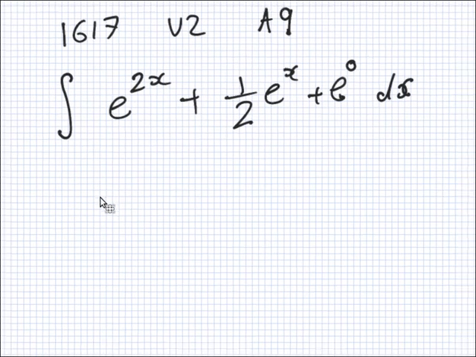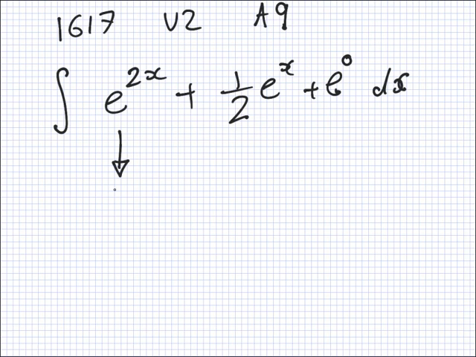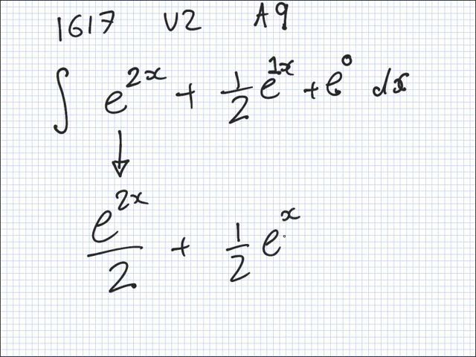No, okay. So, to integrate e power 2x, the rule is you divide by the 2. So it's e^2x over 2. To integrate e^x, it's like e^1x, so you divide by 1, which of course doesn't really change anything. So that's e^x over 1.